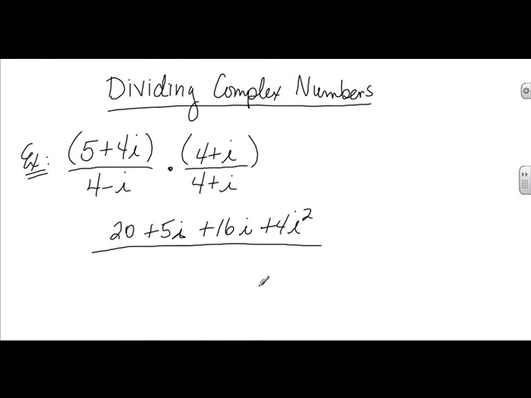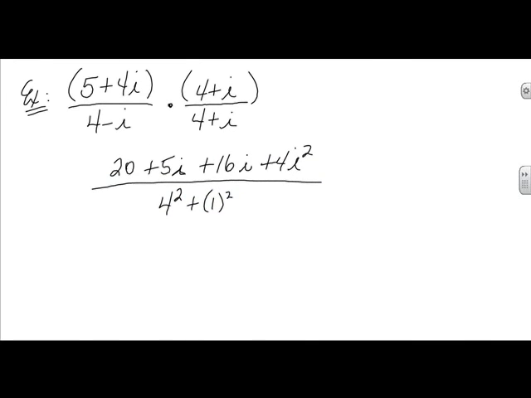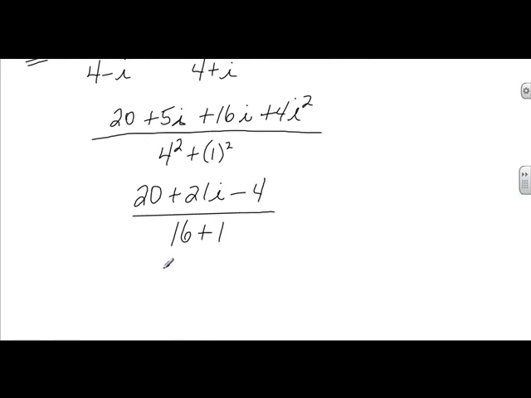In the denominator, we're going to end up with 4 squared plus 1 squared. So simplifying, 20 plus 21i, adding the two terms in the middle, minus 4. And on the bottom we have 16 plus 1.